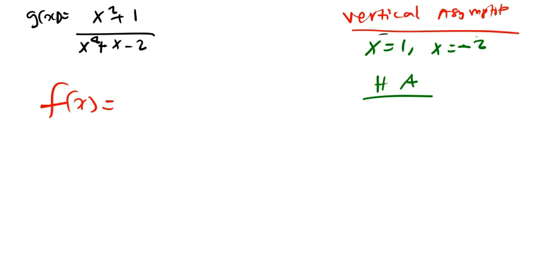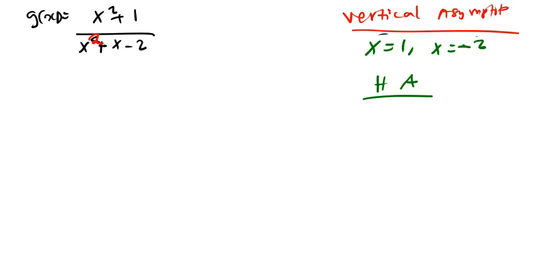Now, another thing that I want you to understand is that bottom heavy, what I mean here is this. Another scenario is maybe you have got x minus 1, then you have got x squared minus x plus 2. This function is still bottom heavy because here I've got x to the power 2, here I only have x to the power 1. Horizontal asymptote here is 0. Another scenario is when the degree of x on top is the same as the degree of x on the denominator.